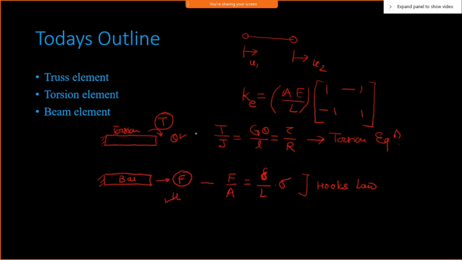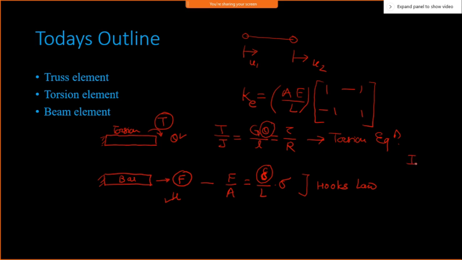When we want to convert the entire FE analysis in terms of torsion, here it is a deflection, u was the variable, and here theta is the variable. So can I write this equation in this fashion?